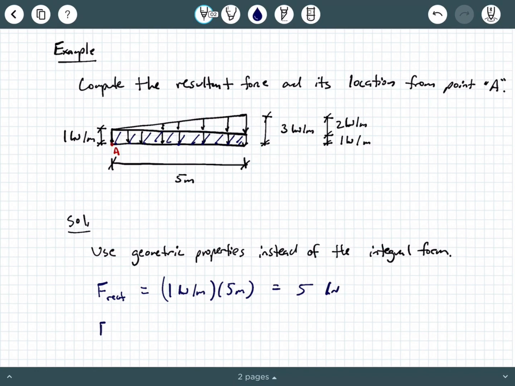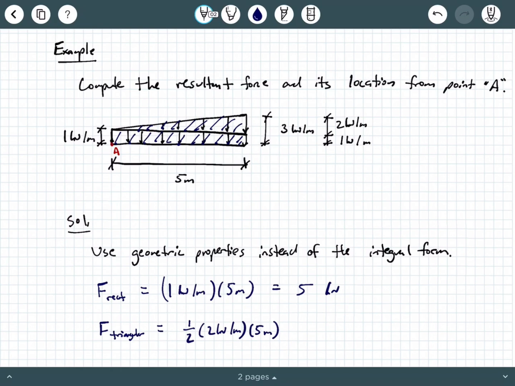The next thing we need to recognize is the equivalent load for the triangular portion, which is going to be this triangular piece right here. And again, it's the area of that triangle, so we have 1/2 base times height. So we're going to say 1/2 times 2 kilonewtons per meter times 5 meters.